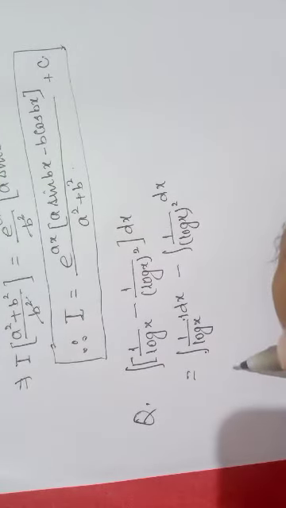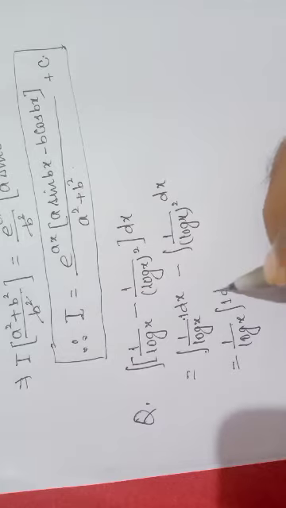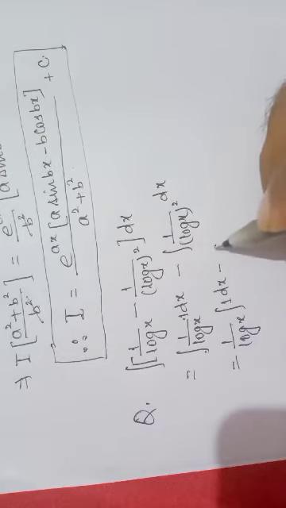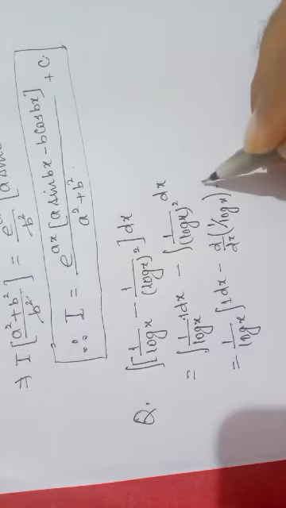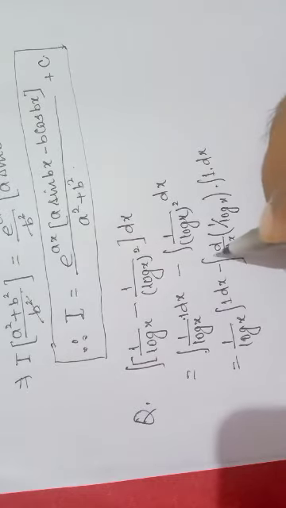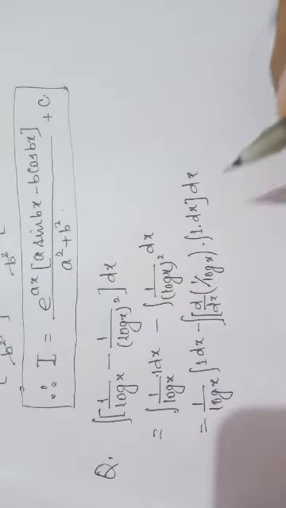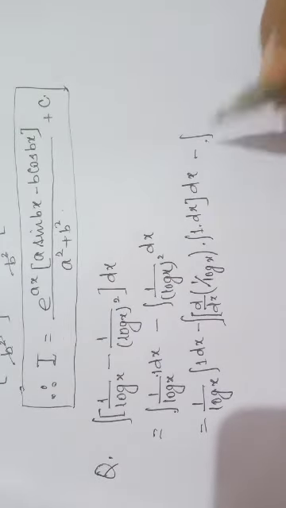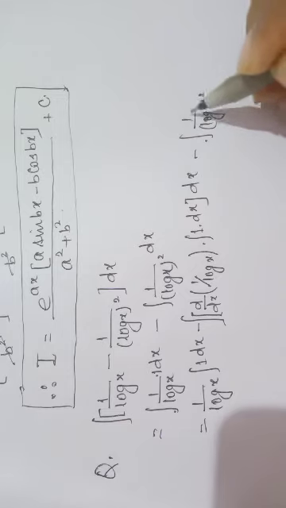So what is the formula? u into integration of v, minus differentiation of u, 1 upon log x into integration of v, 1 into dx, and its whole integration, minus integration of 1 upon log x whole square dx.